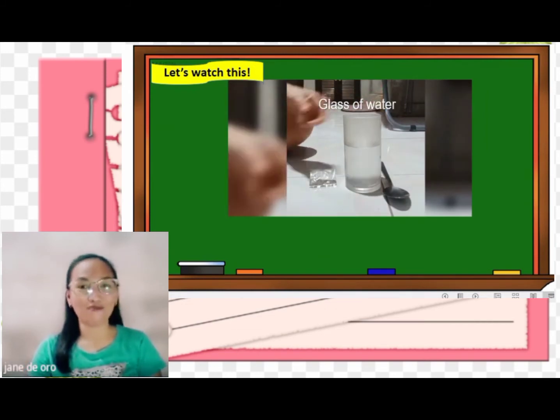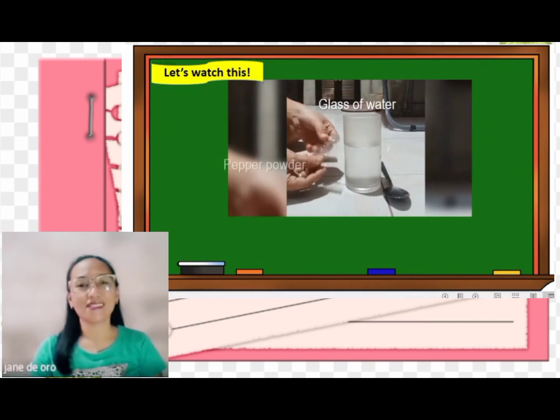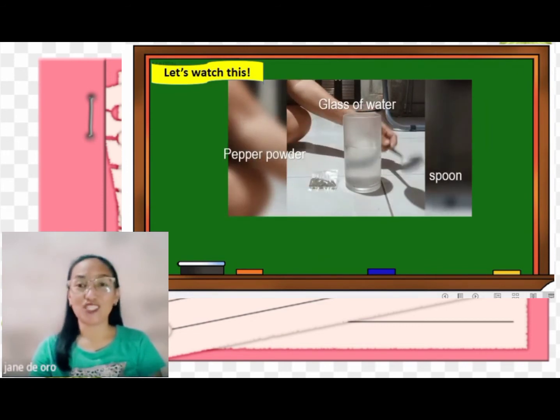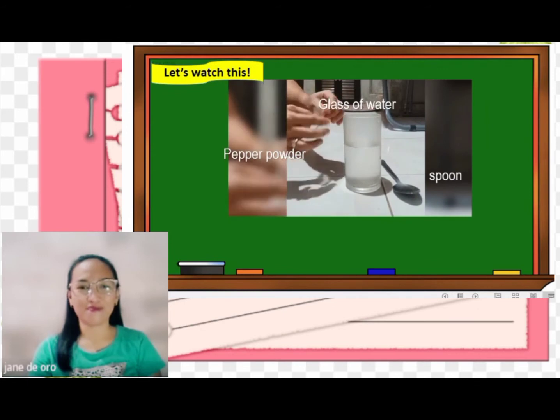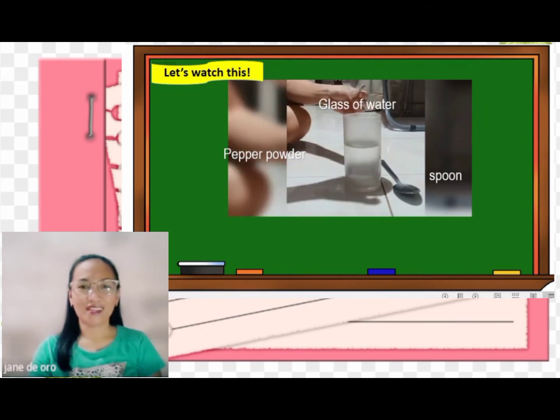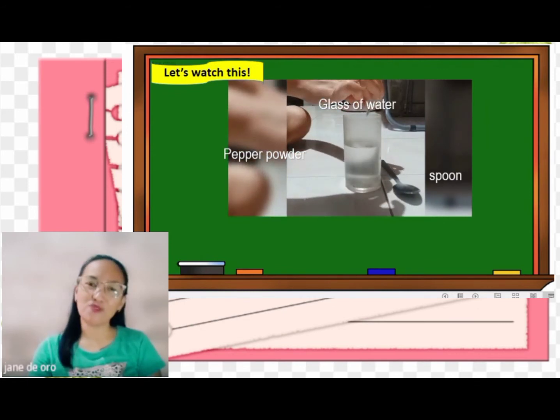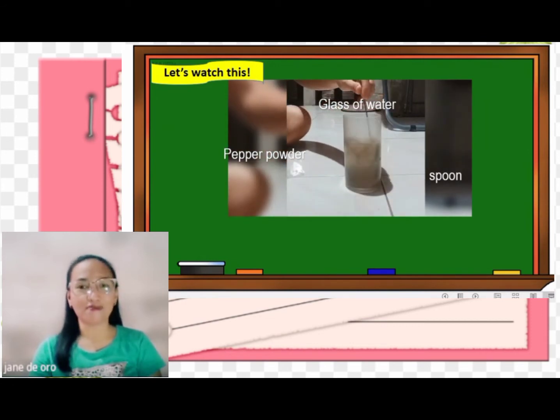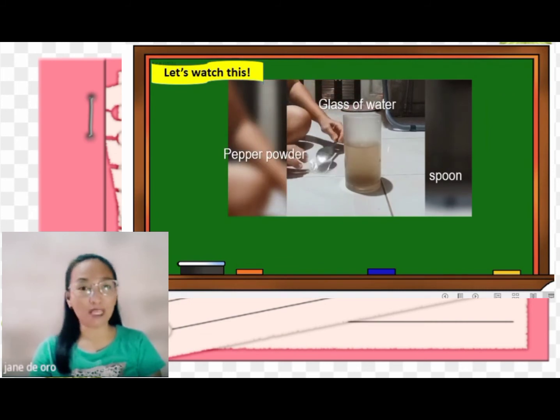We have the glass of water, pepper powder, and spoon. Let's try to put the pepper powder in the glass of water and stir it. Try to observe what will happen to the mixture.